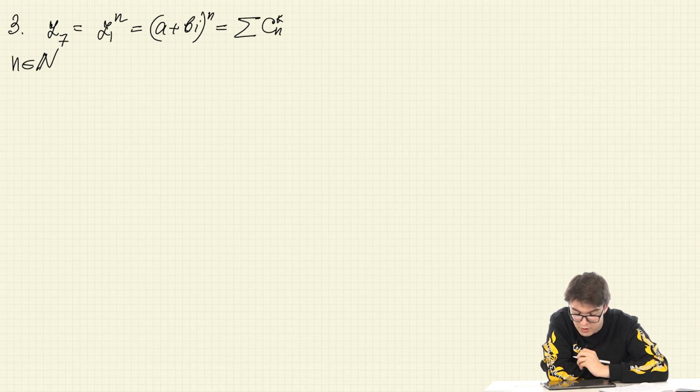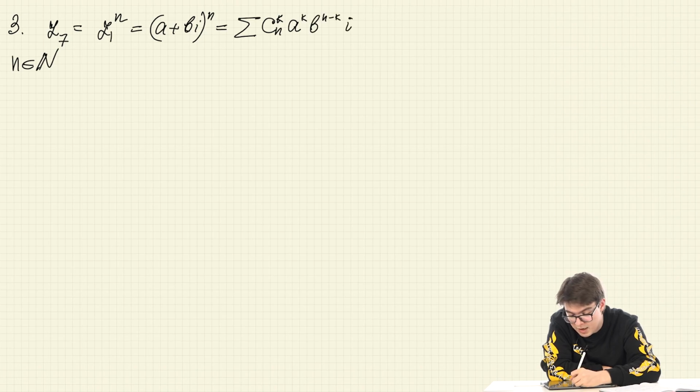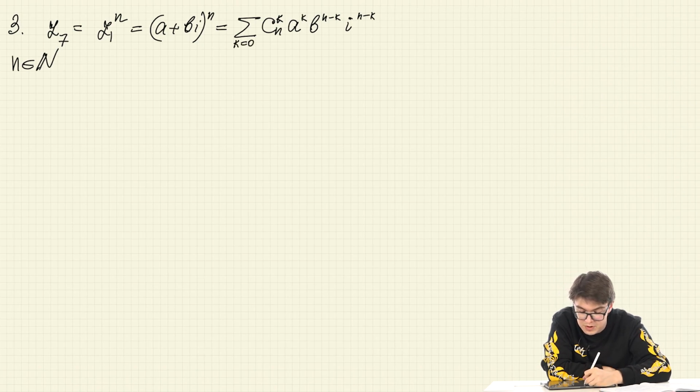We have the binomial coefficient, a^k, b^(n minus k), and i in the power of n minus k, where the sum runs from 0 to n, yeah.